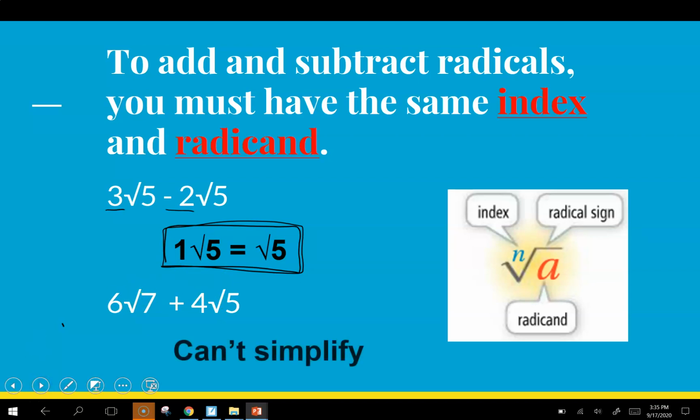I can't do it. They have to be the exact same. So my roots match, they were both square root, but my radicands were different, so we can't do it.